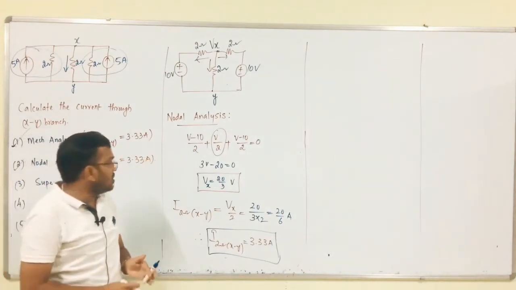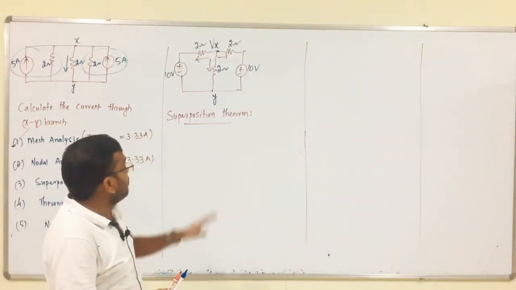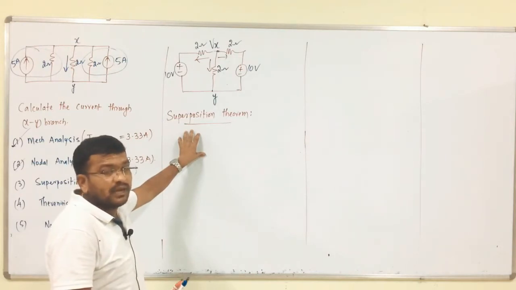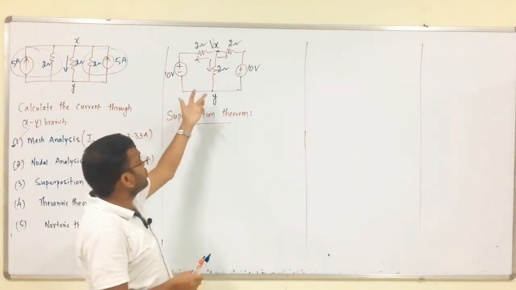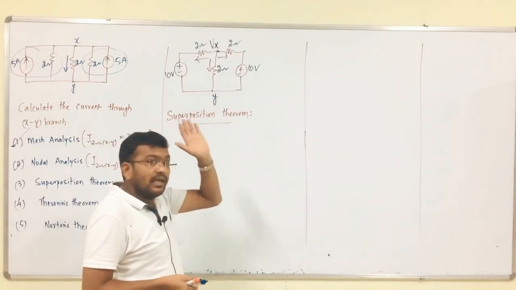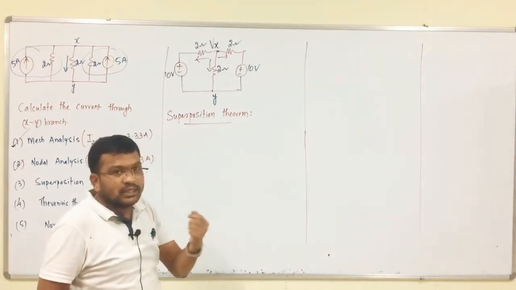Okay. Next, the approach is the superposition theorem. Now, we will do the problem with this method. What is the statement of the theorem? If we have n number of sources, we have to get n number of cases. In each and every case, only one source should be active and calculate the currents through any branch.